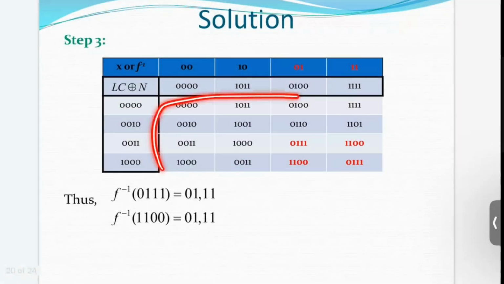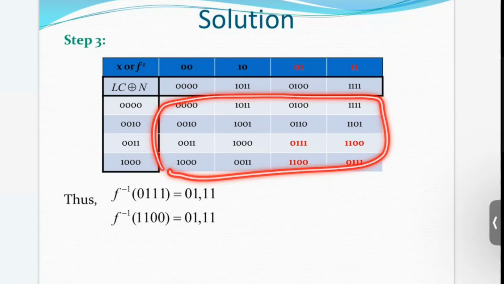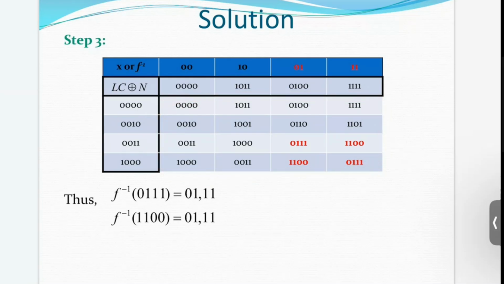Let's find in the table whether it has the values 0111 and 1100. For 0111, you have it here, so the decoding value of 0111 will be 01. For 1100, the value of the decoding function will be 01 as well. Very simple and easy.